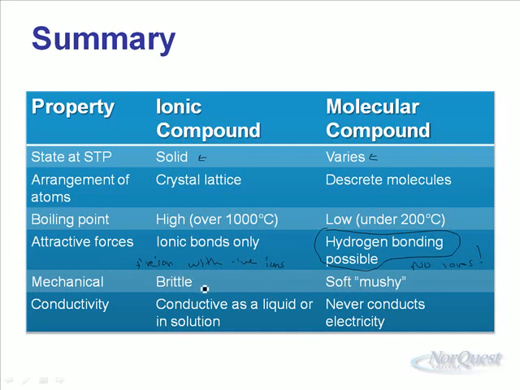Mechanical properties: ionic compounds tend to be brittle, they break easily and they fracture along a set line, in straight lines. Molecular compounds tend to be soft or mushy. If they are brittle, there are no fracture lines, or they don't fracture in one specific direction, they can be broken in many different directions without much problem.